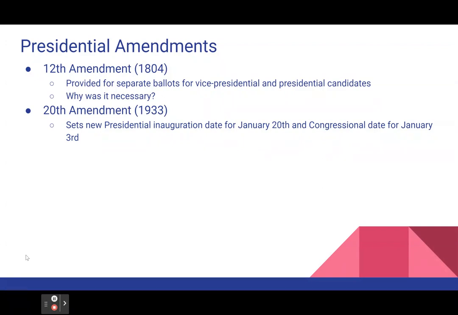That lengthy time period led to some serious problems. For example, the time period between the end of James Buchanan's presidency and Abraham Lincoln's presidency is really problematic. Abraham Lincoln is elected to the presidency in November of 1860, but he's not inaugurated until March of 1861.